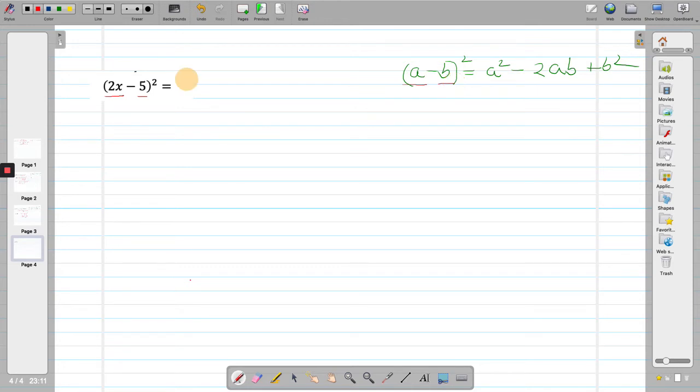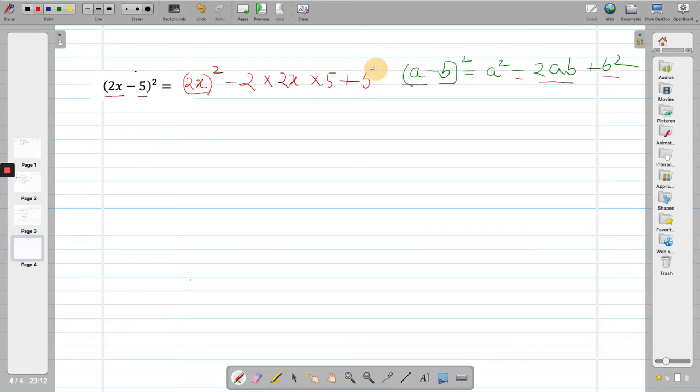So a squared becomes (2x) whole squared. Make sure you put the bracket square, because otherwise you might forget to square the 2. So (2x) whole squared is a squared, minus in the formula, 2ab, so write down 2 times 2x, and our b is 5, and the last part b squared is 5 squared.